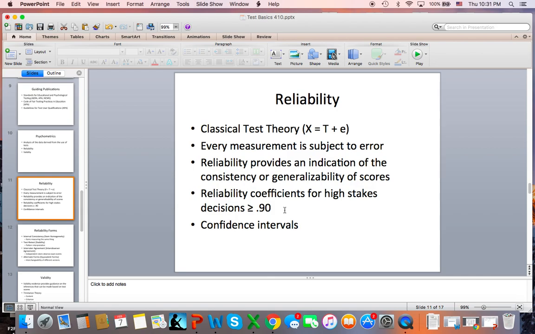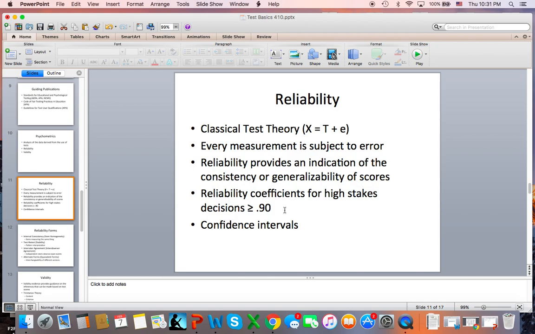And generally when we use a test, you can find reliability coefficients in the test manual and also in the independently produced literature. So Assessment for Effective Intervention is a good journal to check on that. The journal Assessment is a good journal to look for those sorts of things.